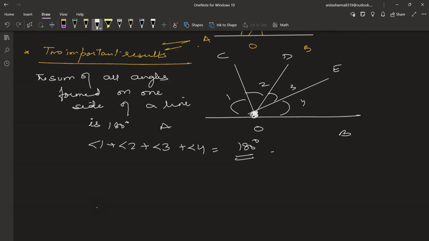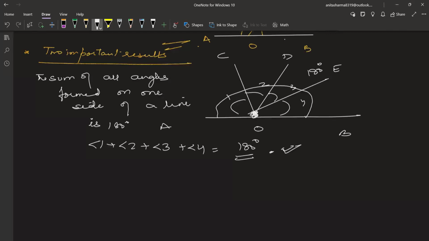So AOB is a straight line and all angles are lying on it. Pairs means two angles. But we can write that their sum should be equal to 180 degrees because AOB is a straight line. Okay?